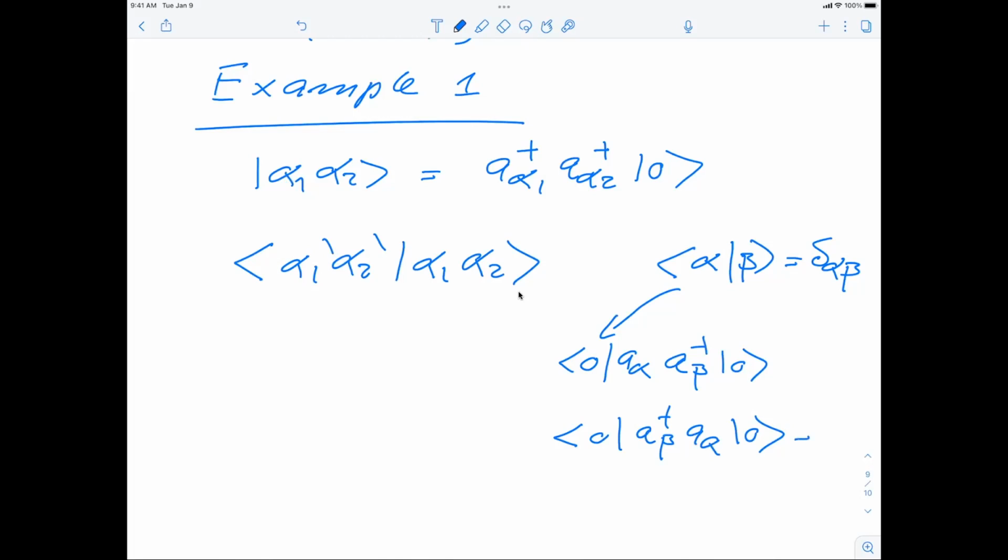So this is by definition 0. And this is going to give us a kind of driving rule here when we are calculating transition probabilities and expectation values. So the whole machinery we are going to look at now is to place all the creation operators to the left, and then we do the annihilation and destruction operators to the right.